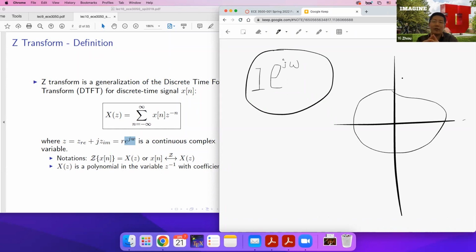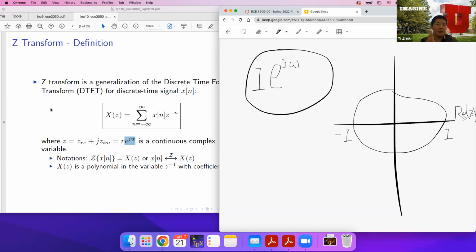So the domain of the discrete time Fourier transform corresponds to a unit circle on the 2D complex plane. This is the real part of z, and that's the imaginary part of z.